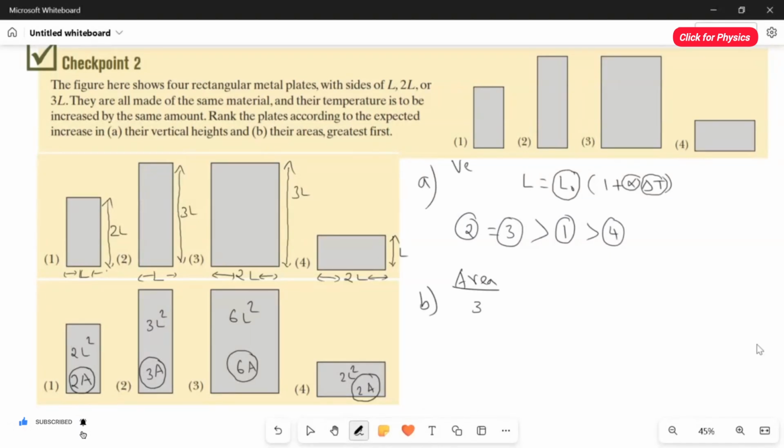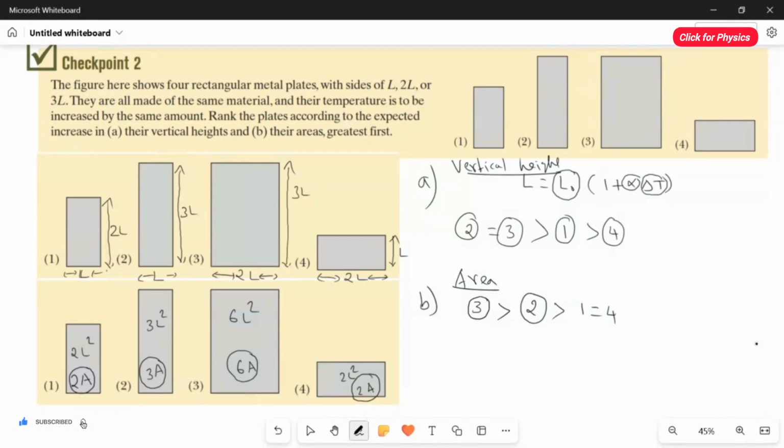So regarding the area, I can write area. This one is vertical height. Now, for area, your third figure's area is greater. The second greatest value is the second plate's area, and then figure 1 and figure 4 have the same area. So we can write 1 equals 4. This is the order from the greatest value.